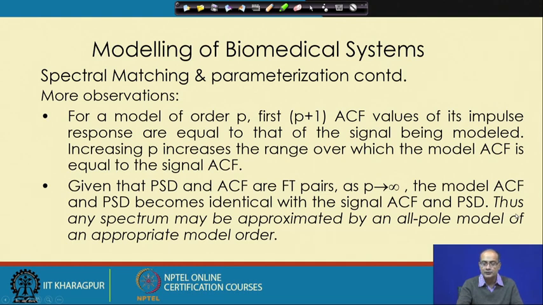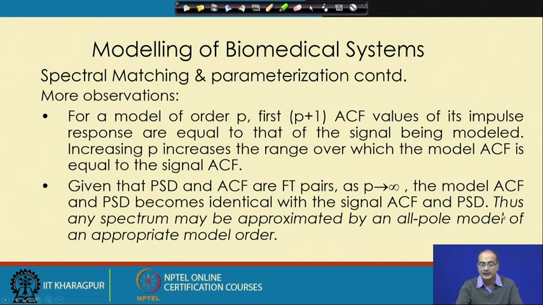The simple reason is that we are making use of more and more lags of the ACF with the increase in the model order, so we get an identical matching between them.